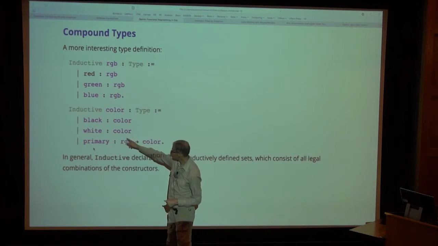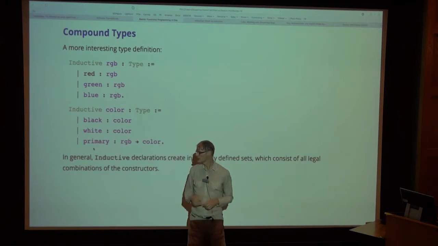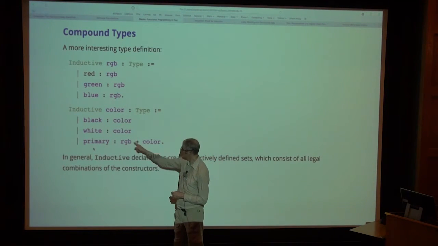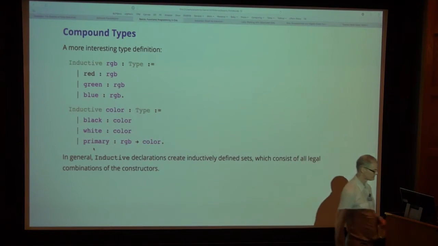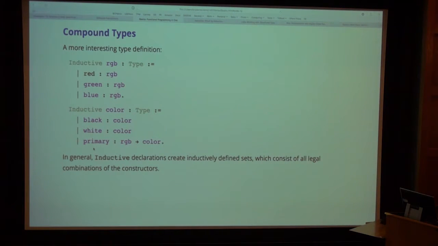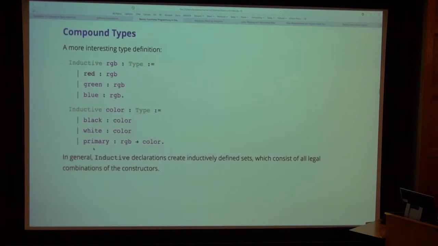And the fact that primary is a constructor taking an RGB as an argument is encoded in its type, which is an arrow type from RGB to color. So each of these declarations, where we say Inductive blah, blah, blah, is defining a set.